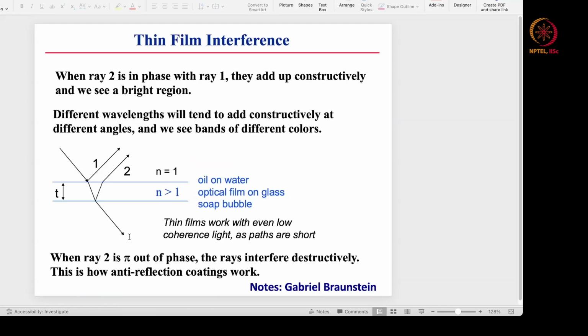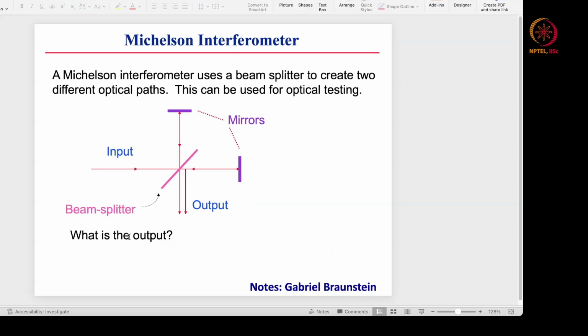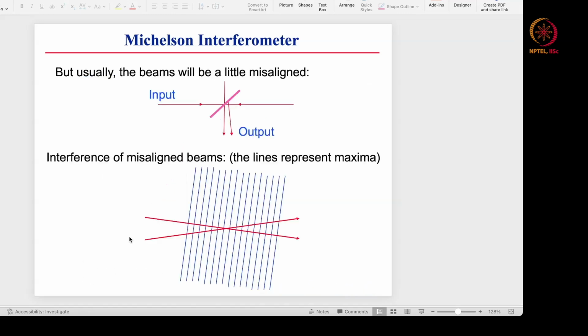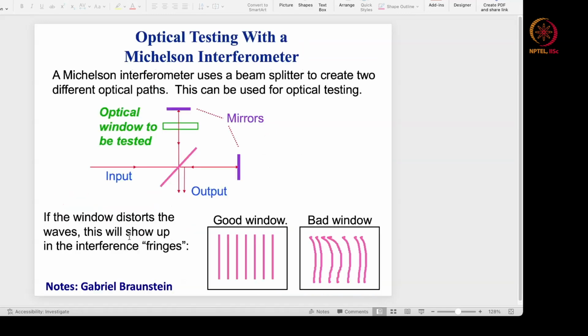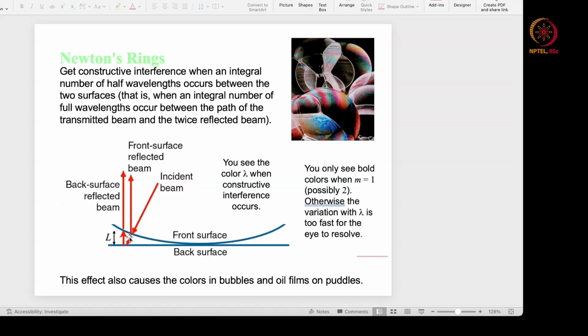In the Michelson interferometer, you can also jitter the mirror. That can give rise to changes in fringes. You can test windows. You can use this for detecting very small spaces. And this is routinely used for droplet impingement.